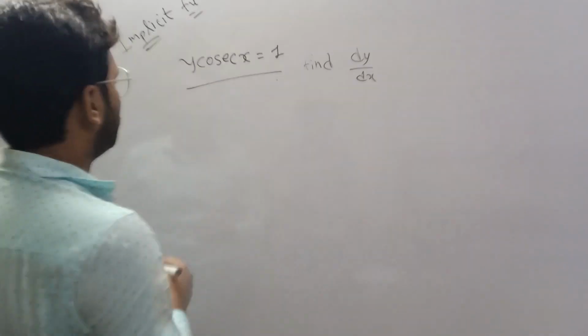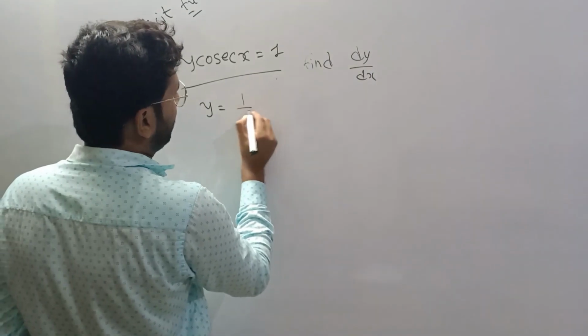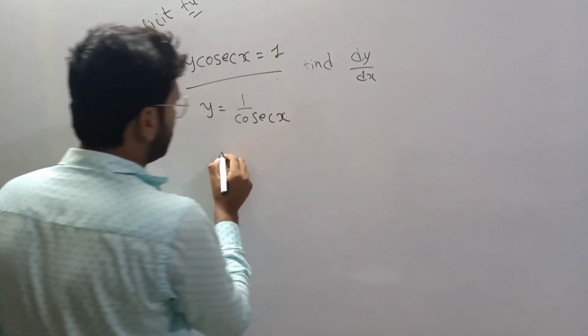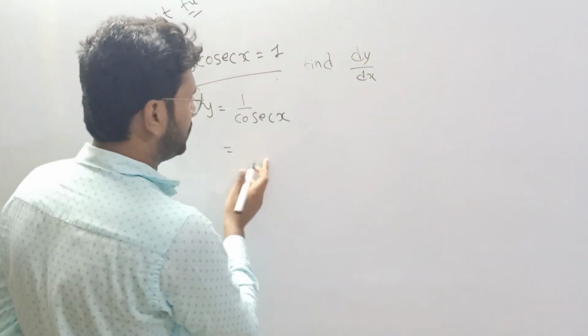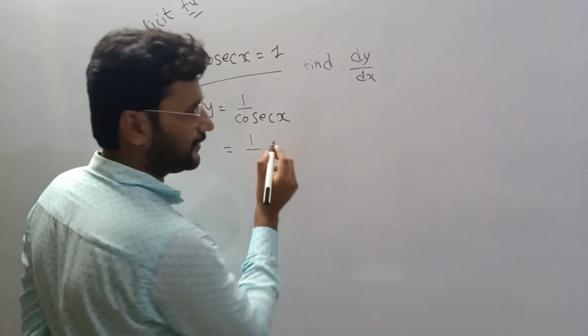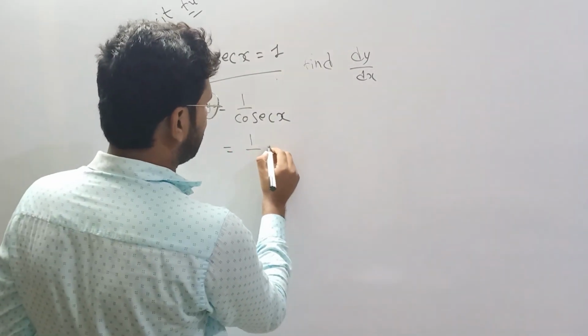So what will we do? y is equal to 1 by cosec x. As we all know, 1 by cosec x is equal to sin x.